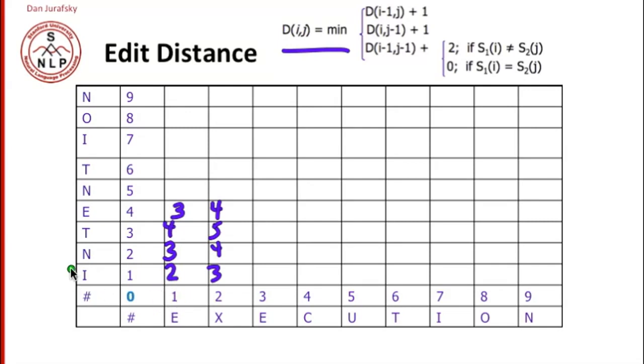This 2 here is the distance between the string I and the string E. And we got that by saying it's either the alignment between nothing and E plus the insertion of an extra I, so that's distance of 1 plus 1 is 2, or 0 plus 2 is 2, or 1 plus 1 is 2.